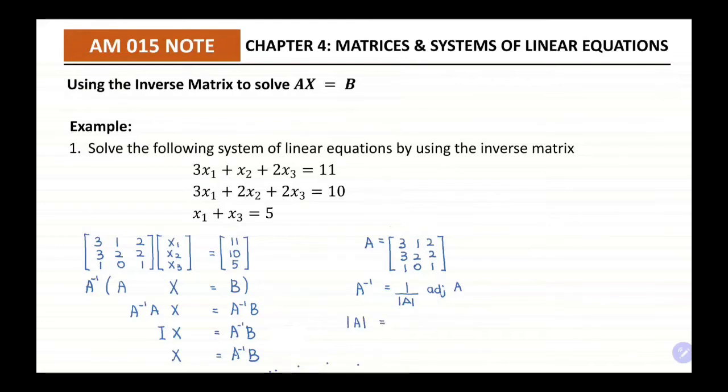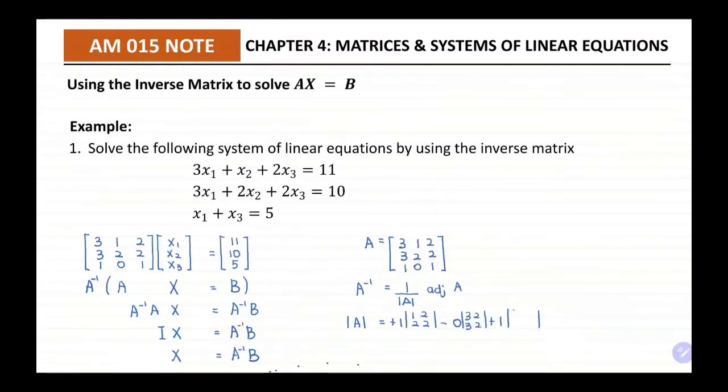For the determinant, we choose any one row or any one column that is easy to solve. So we take 1, 0, 1. And remember the sign for cofactor for the third row. So positive, negative, positive. And put the minor. Okay, we close number 1. So we get 1, 2, 2, 2. We close 0, 3, 2, 3, 2.